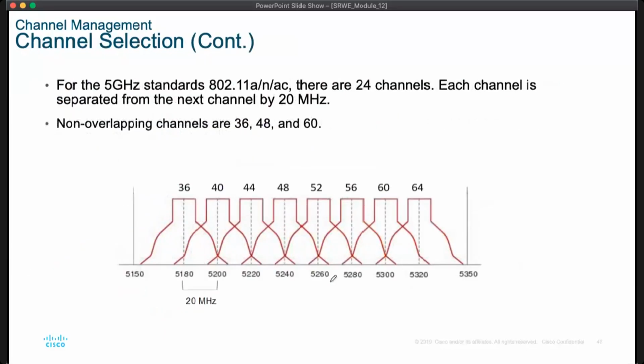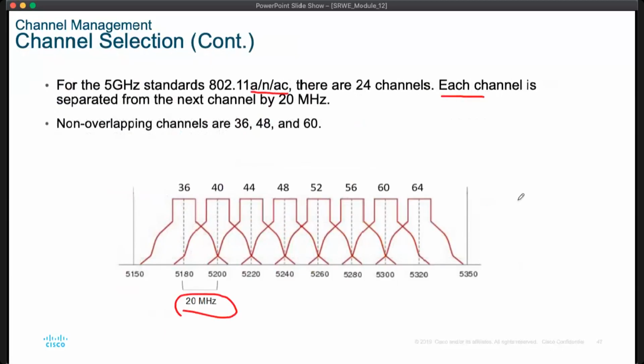For the 5 gigahertz standard, 802.11 a, n, and ac, there are 24 channels. Each channel is separated from the next channel by 20 megahertz.